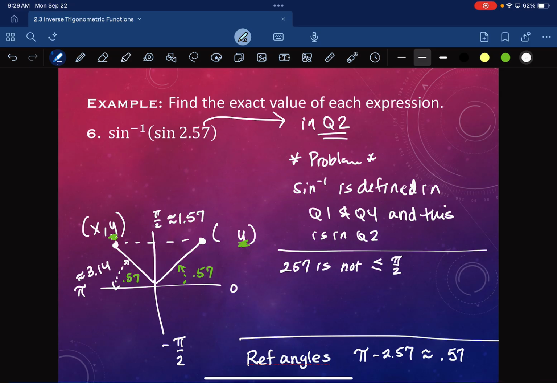We established that, it's more than pi over 2. But the sine of 2.57 is the same as the sine of pi minus 2.57, which we also said was 0.57.